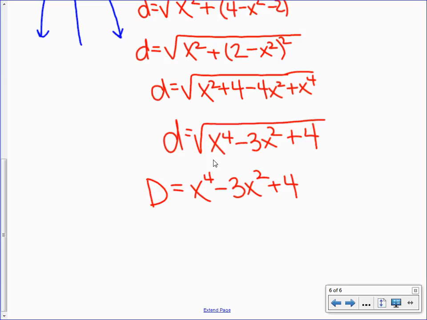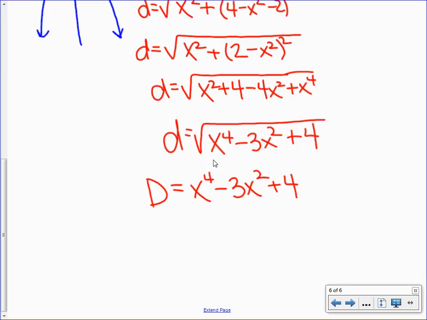And left over is 2x squared minus 3. So our critical points are at 0 and plus or minus radical 3/2.